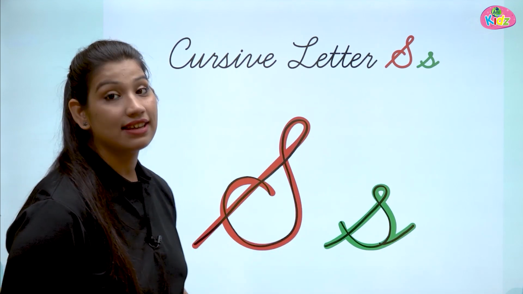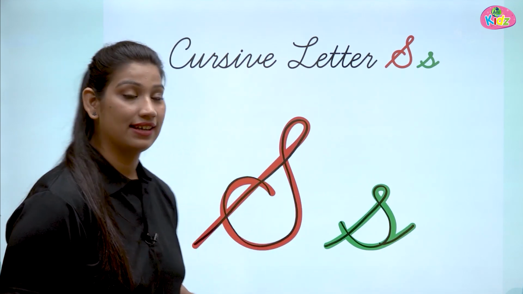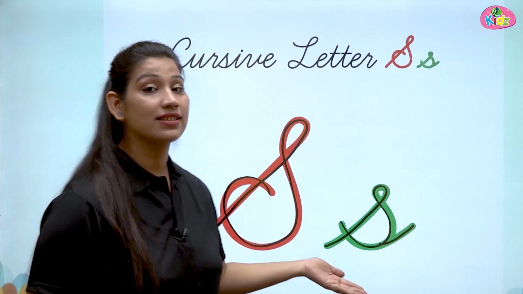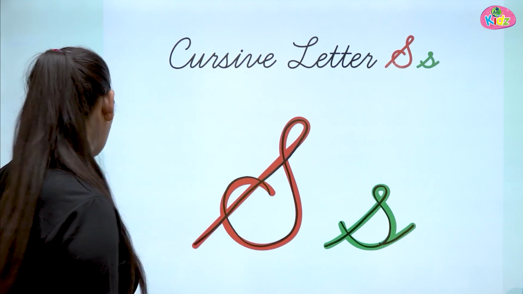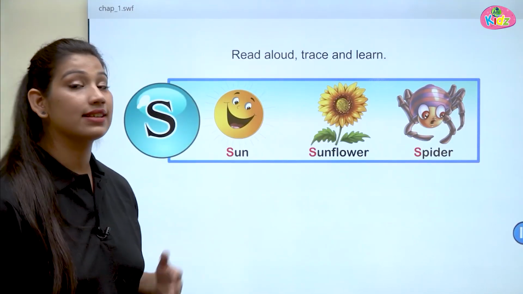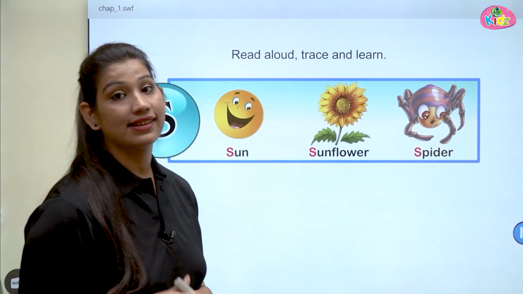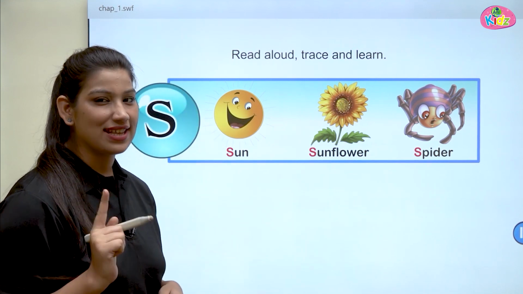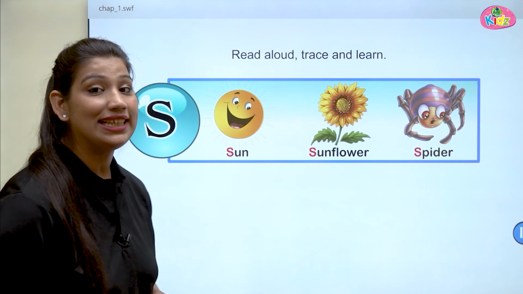S says sir. This is capital cursive S. This is small cursive s. Now understand. S, sun. S, sunflower. S, spider. After S, there comes letter T.